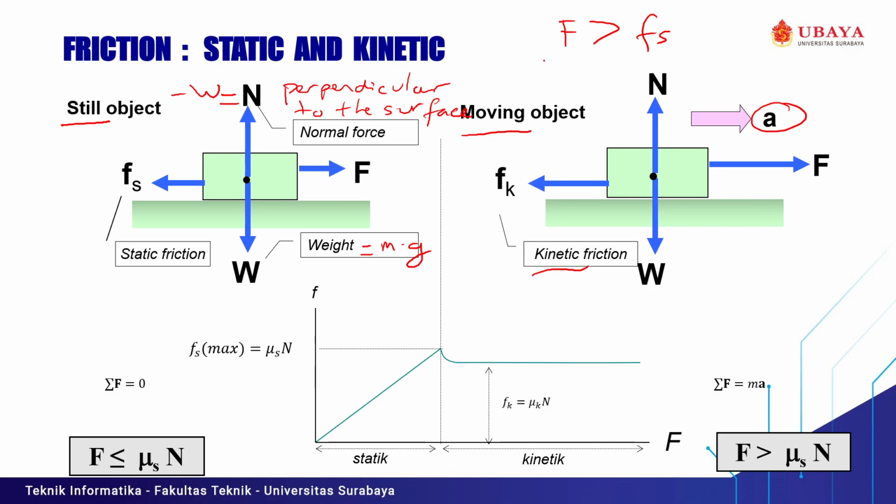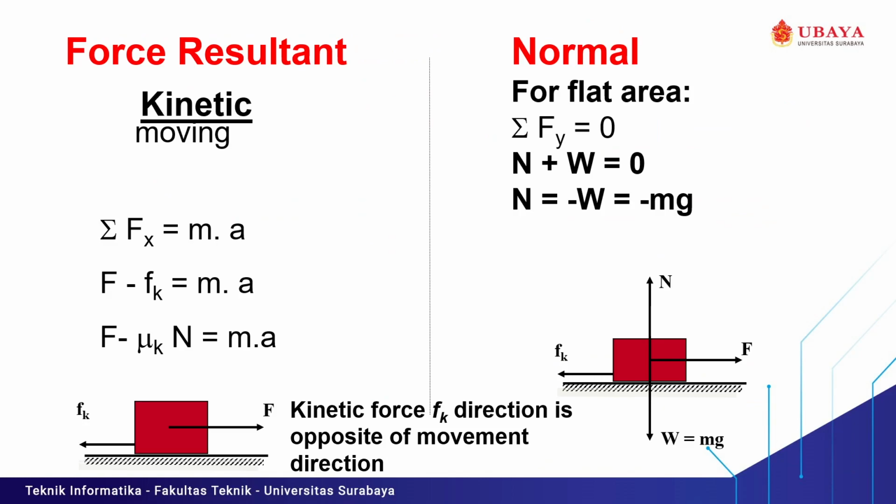When the object moves, then the second law applies: the sum of F equals ma. Thus we have this resultant. Using the second law in the x direction, the sum of the force in the x direction equals mass times acceleration.